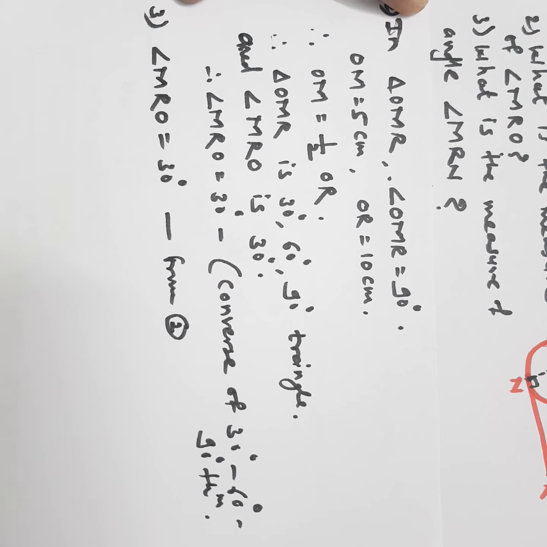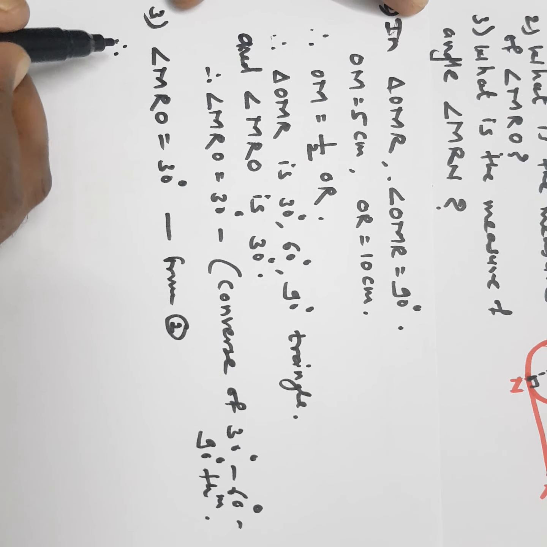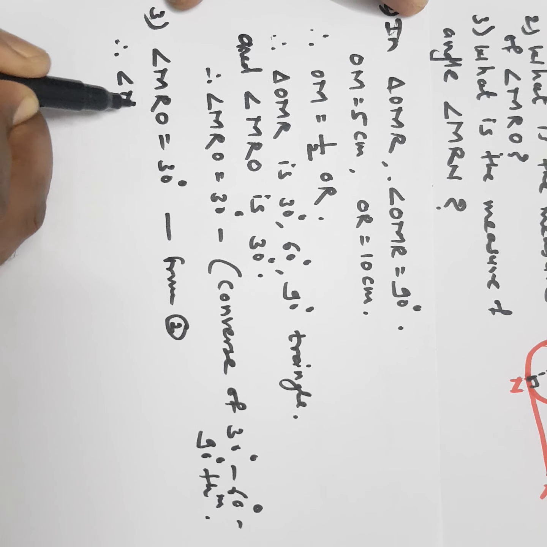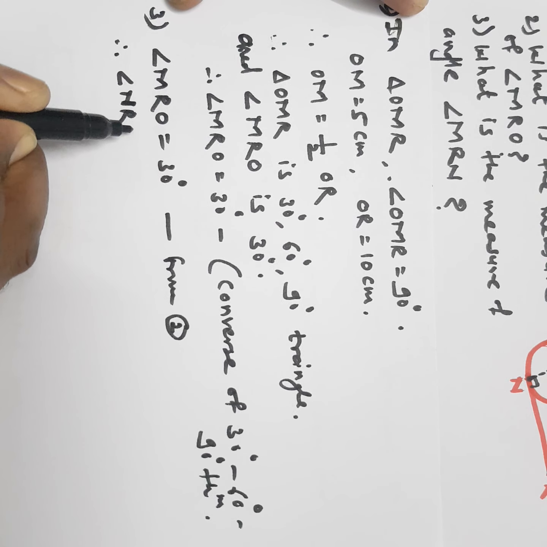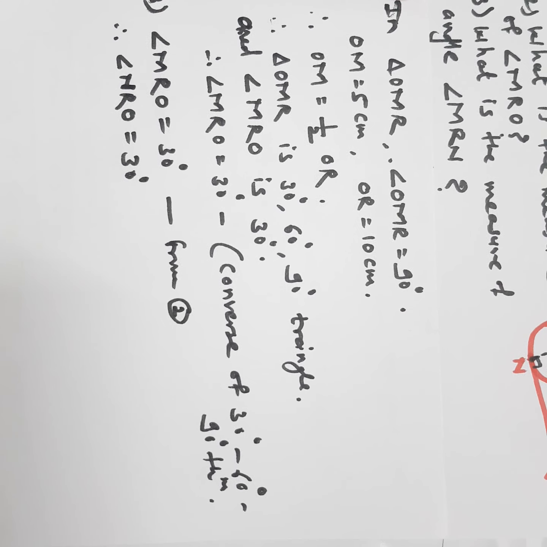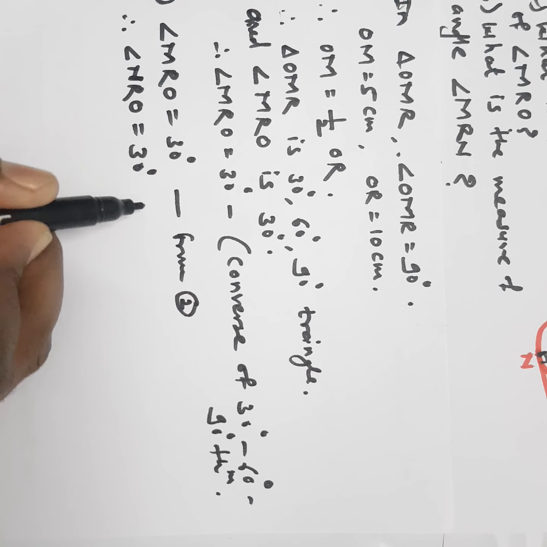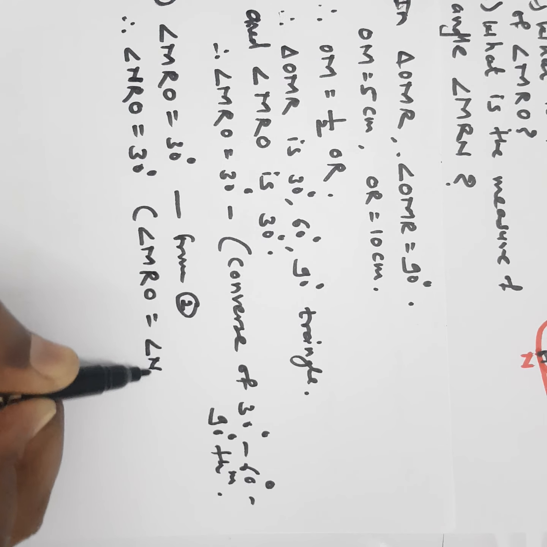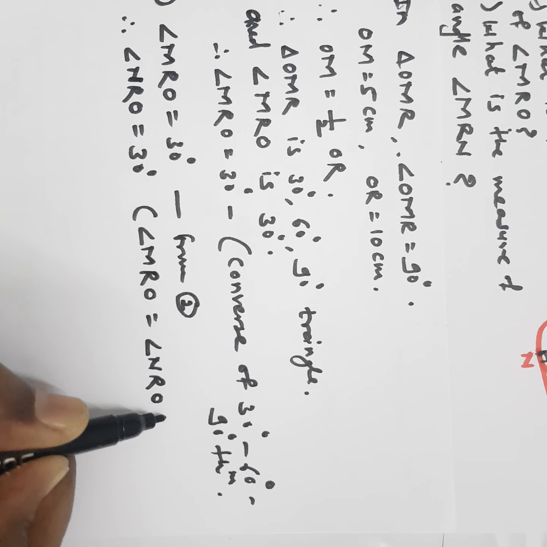Therefore, angle NRO is also equal to 30 degree. Why? Angle MRO is equal to angle NRO.